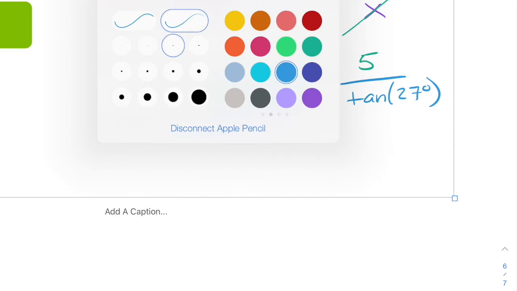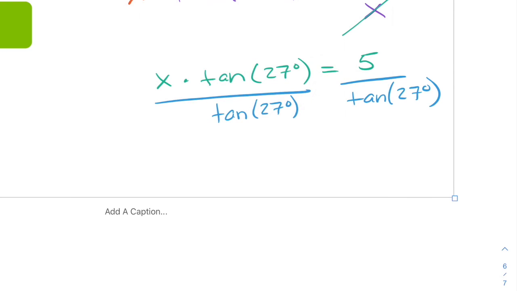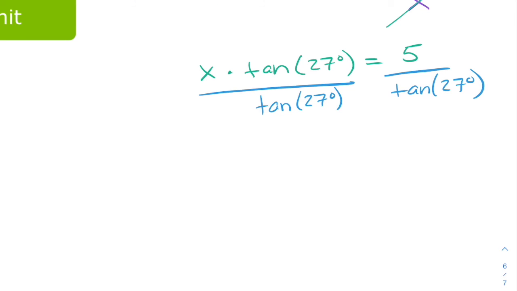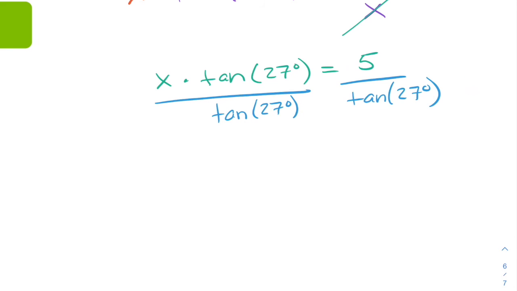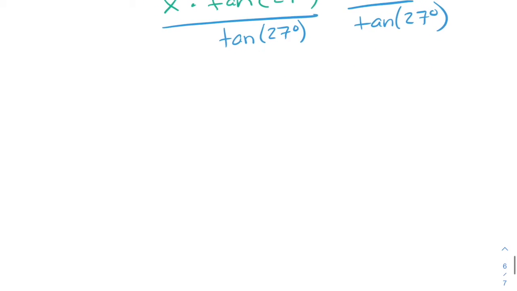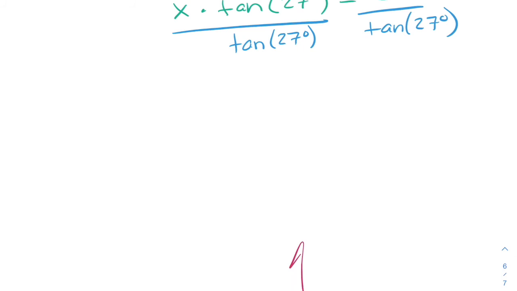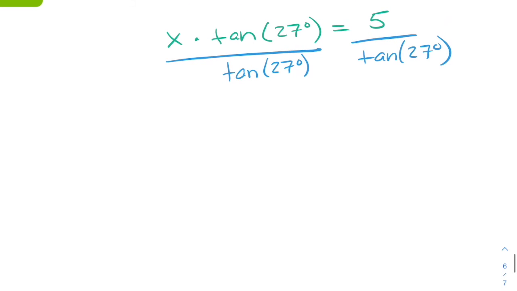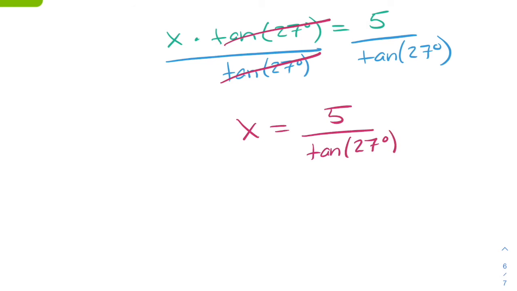But now this will go away, right? It's very weird. Okay, there we go. So x equals 5 divided by the tangent of 27.